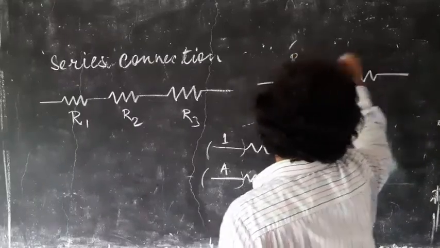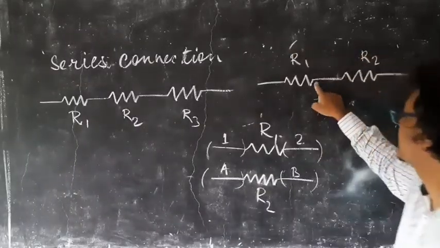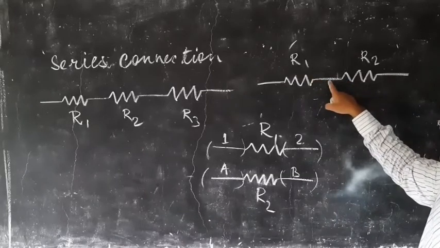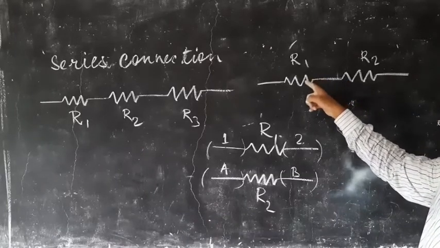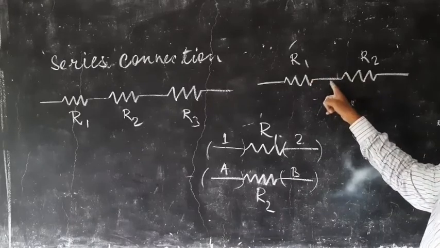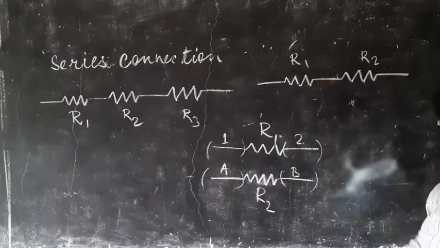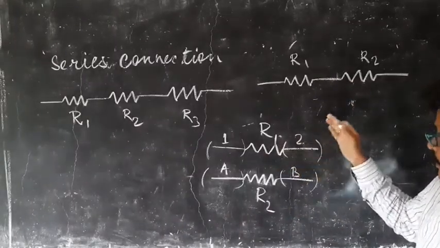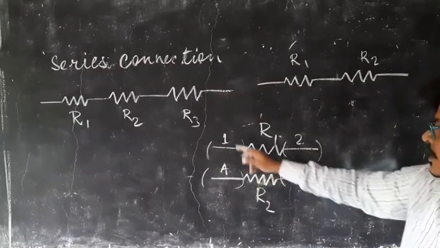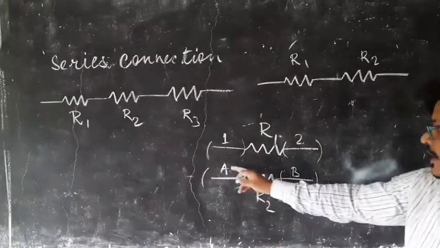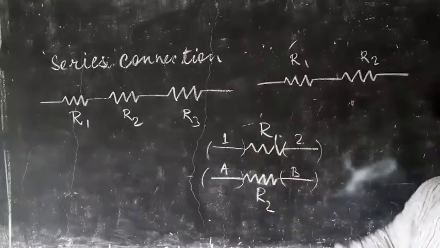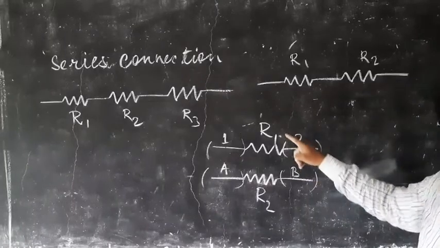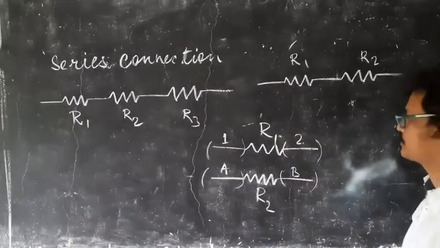Here this is the leg of R1 and this is the leg of R2, so these two are in series. This is the way you can identify. It does not matter whether you connect 2 with B, 1 with A, A with 2, or B with 1. What matters is that the leg of one resistance should be connected to the leg of the second resistance.